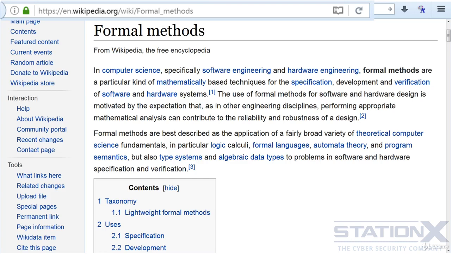This formal process was originally performed by human mathematicians, which was feasible on programs with 50 lines of code or so in the past, but with today's systems containing millions of lines, it's impossible for a human to do. But what has happened recently is that both algorithms for proofing and computer power have improved enough that computers can do the proofing for us.